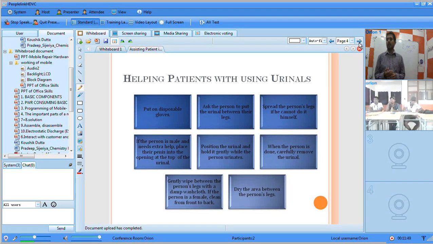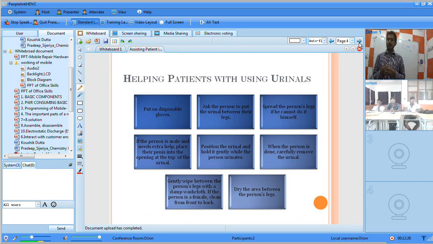While helping the patients with urinals, first you need to put disposable gloves on your hands, so you can use the materials which are used during the urinal process.